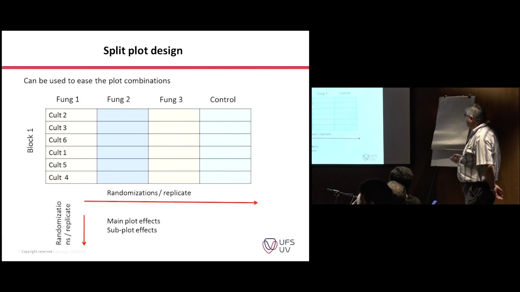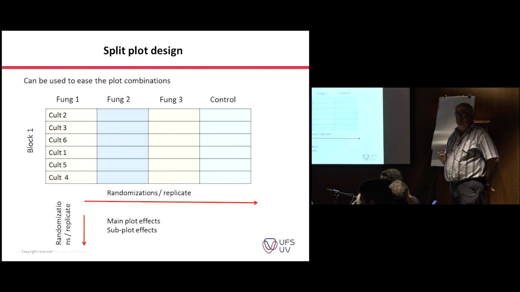Basically, what you're going to do in a split plot design is you're going to have a main plot. So the main plot would be fungicide 1, fungicide 2, and whatever, and the control. And within each of those plots, you split it, and you'd have your cultivars.